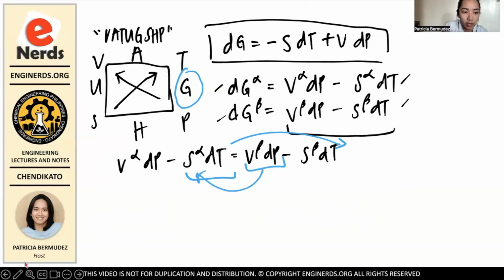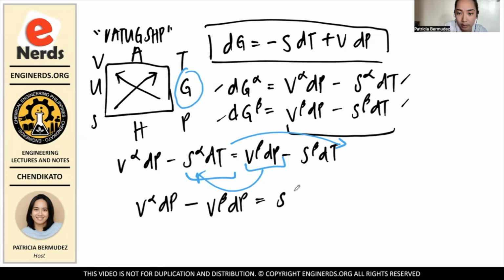So ang mangyayari here is mariretain ito V alpha dP, and then this one positive. When you transpose it to the other side, will be negative. Negative V beta dP is equals ito, negative, magiging positive. So positive S alpha dT. And then this one, retain lang yung negative. Negative S beta dT. Okay?